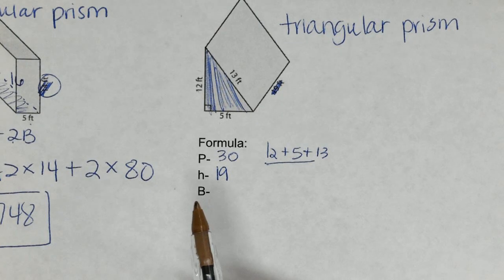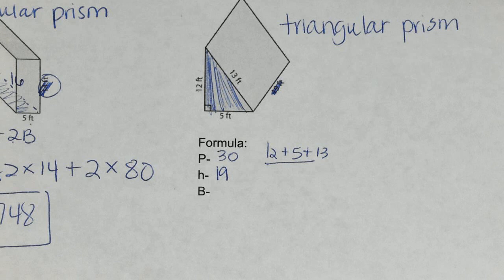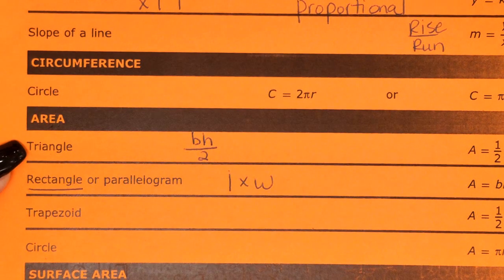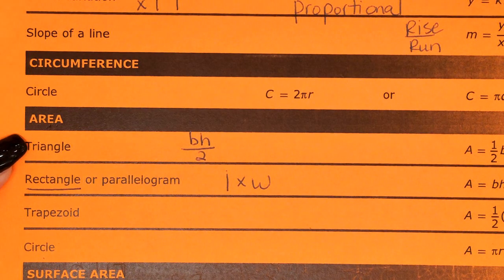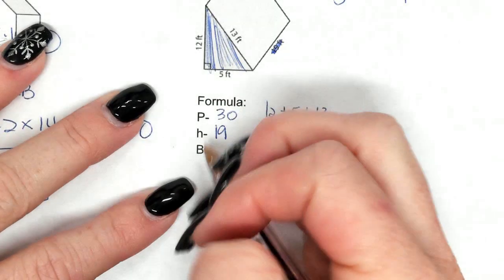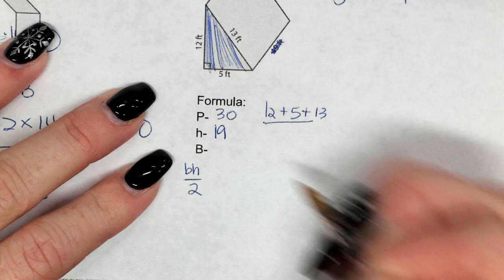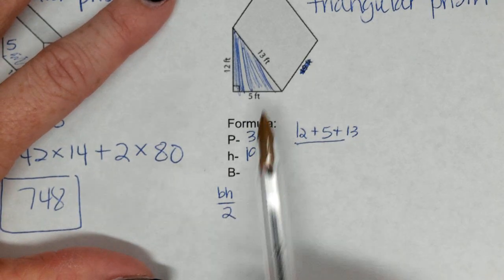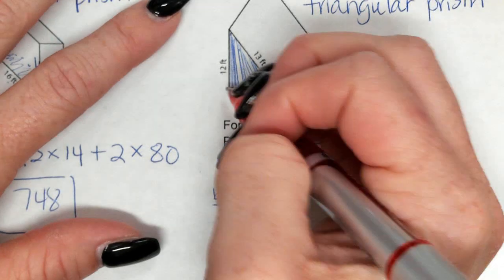What does big B stand for? Area of the base. So I go to my area part, and what kind of base is that? A triangle. So I do base times height divided by 2. I'm going to write that right here. BH over 2. To find these two numbers, find the right angle.